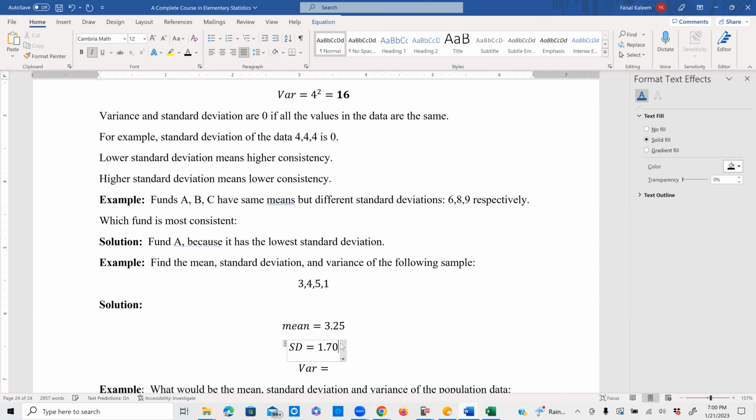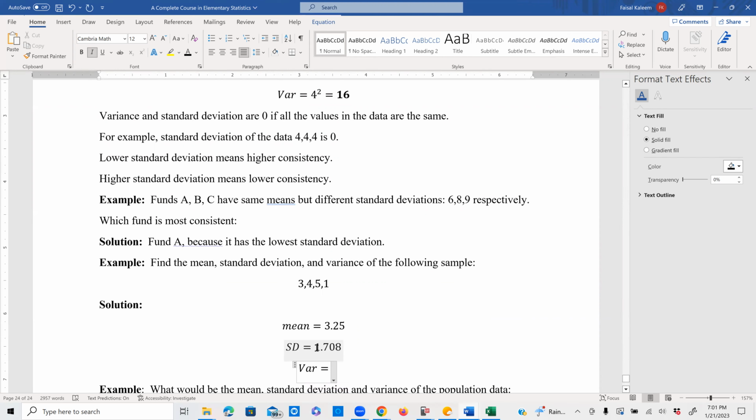And the reason why we wanted sample standard deviation was because they were saying the following sample. And variance, as we know, we have to round to 3 decimal places. So in this case, that'd be 1.708. And variance will be the square of the standard deviation.